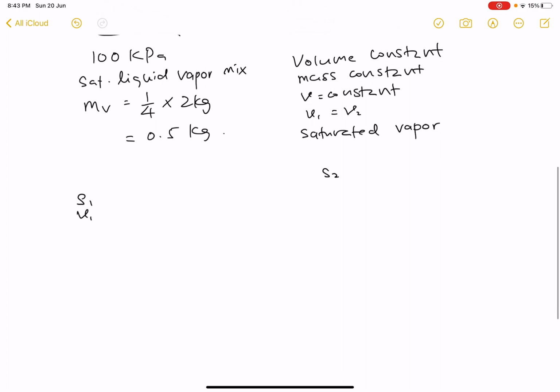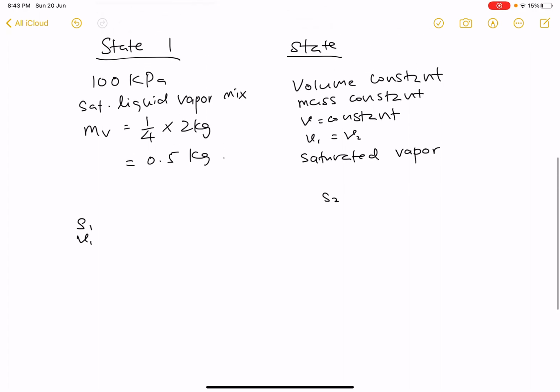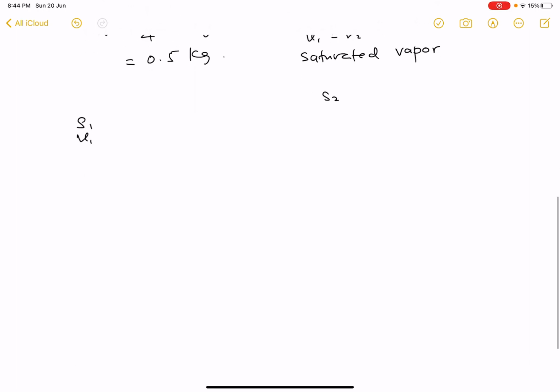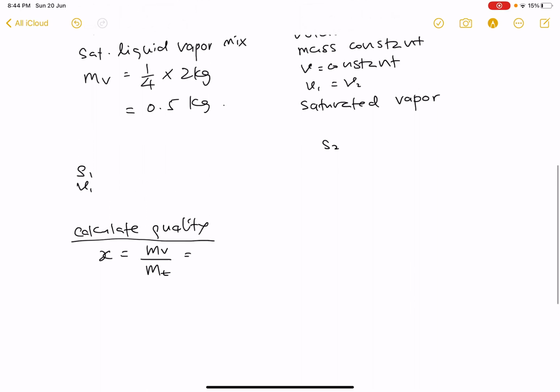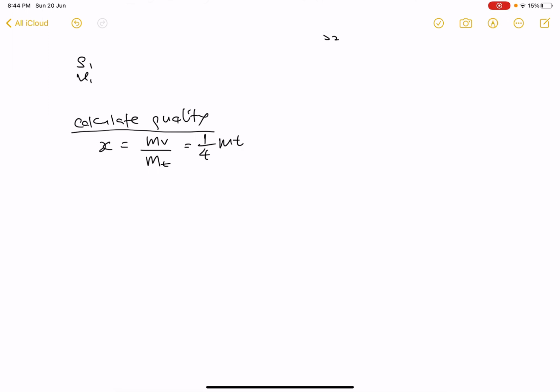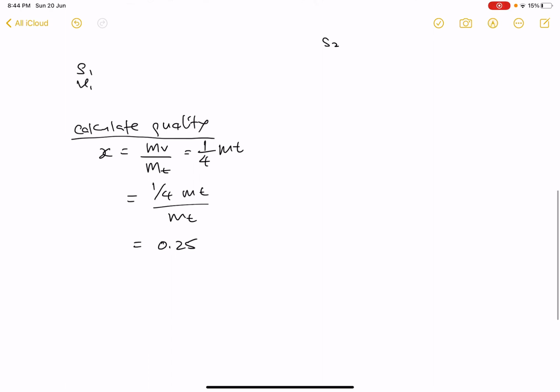To get S1, since it's a saturated liquid-vapor mixture, you need to calculate the quality. Quality x is the mass of vapor divided by the total mass, and the mass of vapor is 1/4 of the total mass, so you get 0.25.